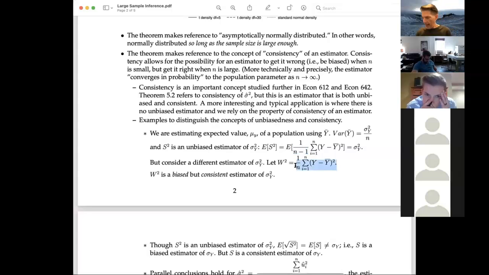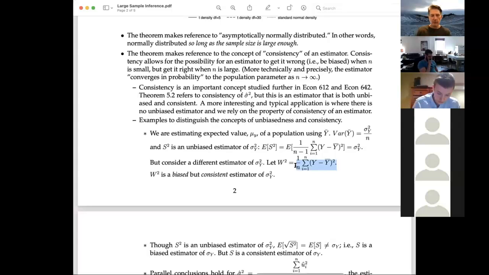I think you can see that's a biased estimator, and it is biased in the sense that it's going to give estimates for the variance of y that would be too small, because we're dividing by n instead of n minus 1.